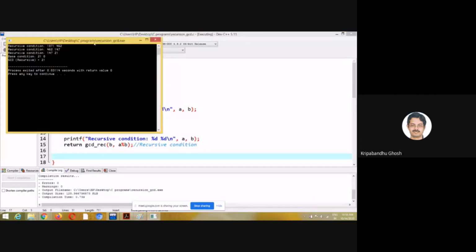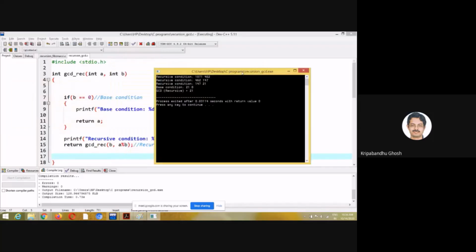Yeah, so what is happening is, for 1071 and 462, 21 will be the GCD. First, 462 is dividing 1071, and 147 is the remainder. So B goes to A and 147 goes to the remainder.